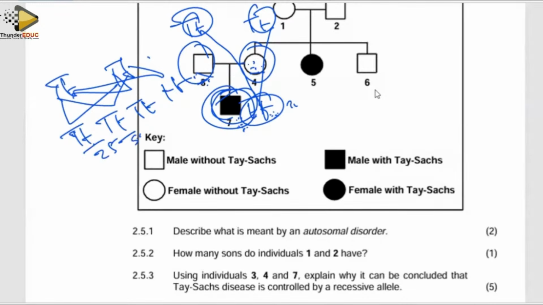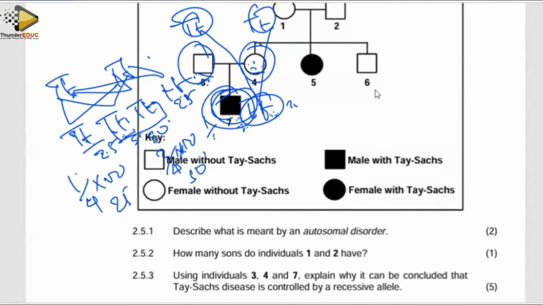Since these two are the same, that's 50. So it's 1 out of 4 times 100, so yeah, it's 25. And this is 2 out of 4 times 100, which is 50. And then 1 out of 4 times 100, which is 25. So it means that these two are going to be 25.